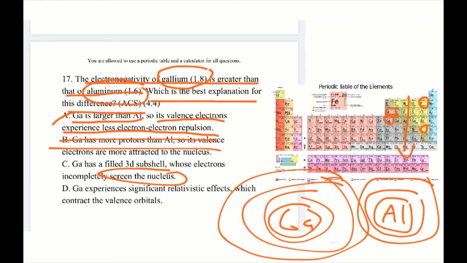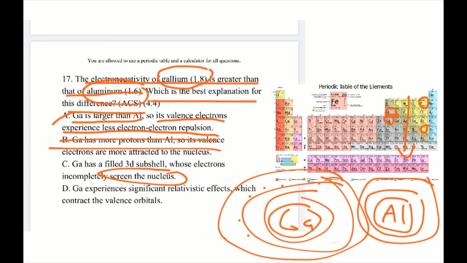And if we think about it, the 3d sublevel is located on the 3rd ring, and if these electrons incompletely screen the nucleus, that means that the Zeff is higher than normal for gallium.